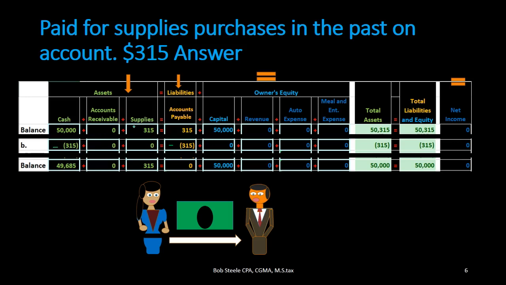Supplies was 315 before, 315 plus 0 is 315. We have accounts payable was 315 before, now we're subtracting 315 to bring that balance down to 0. This is the typical kind of pattern we will see in accounts payable. It may not be just right next to each other where we buy something on account and then pay it off.